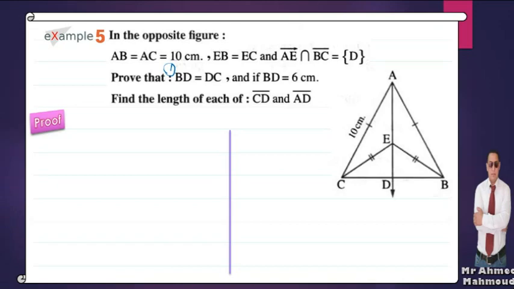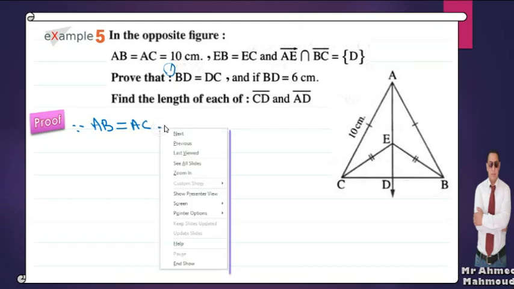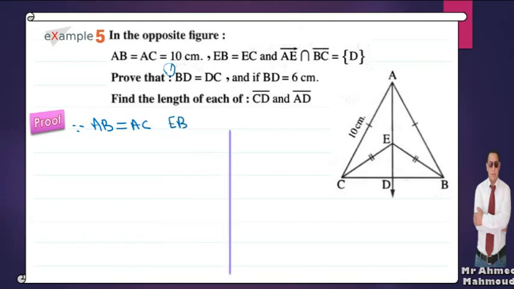Okay, it's very easy. Since AB equals AC and EB equals EC, therefore, since A lies at the same distance from B and C, and E lies at the same distance from B and C, then line AE is the axis of symmetry of BC.